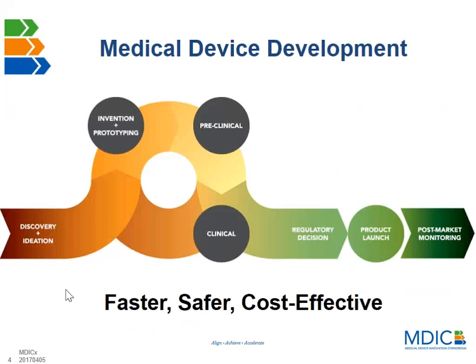Now, regulatory science is not restricted to any one particular area within the entire life cycle of development. In fact, it really spans across the entire life cycle, as is depicted here on this particular slide, from the moment of discovery and ideation, really all the way out through a product that has already been put into distribution, where monitoring on the post-market side becomes important.